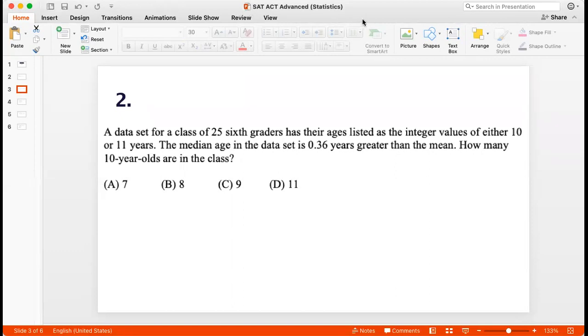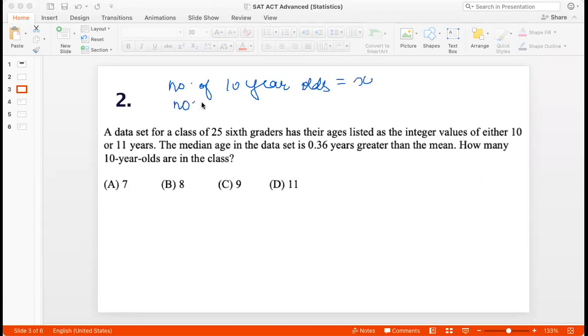So we know that there are 25 kids and they are either 10 or 11 years old. So let's say the number of 10-year-olds is x. So the number of 11-year-olds in this class would be 25 minus x, because the total number is 25.